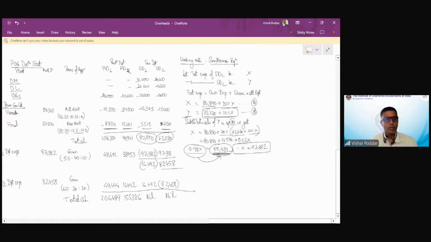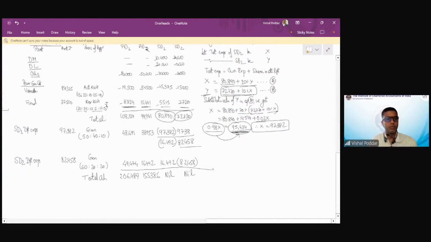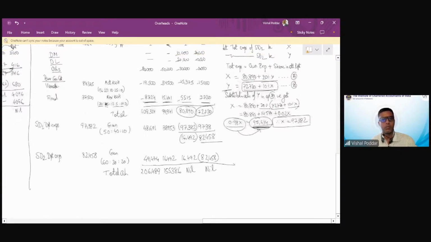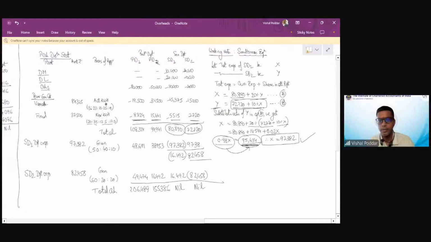But I'm not getting what you are trying to convey. Sir, using equation A and B, we got the value of service department 1's expenses. Right. Which turned out to be 97,382, right? Correct. Similarly, don't we have to calculate the value for SD2 by substituting the value, that is of... anyways, see, that is anyways I'll get here.